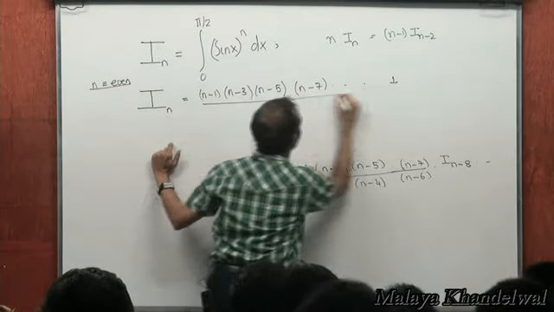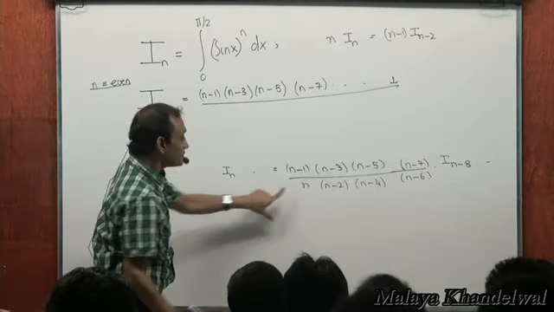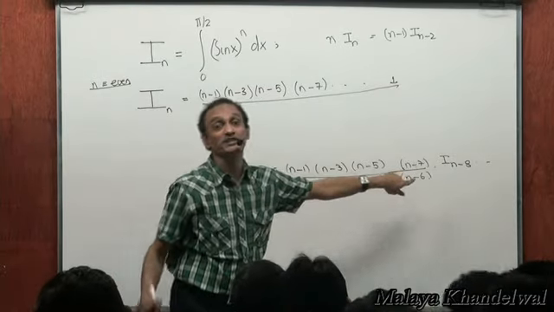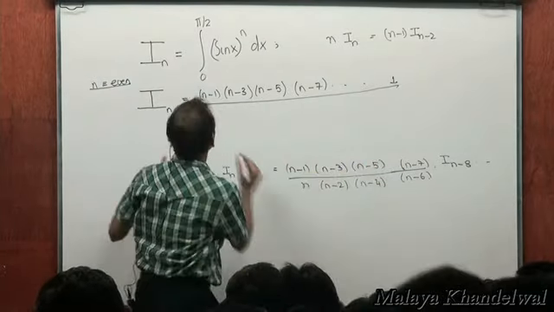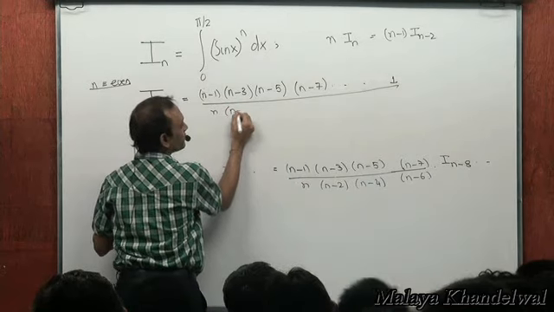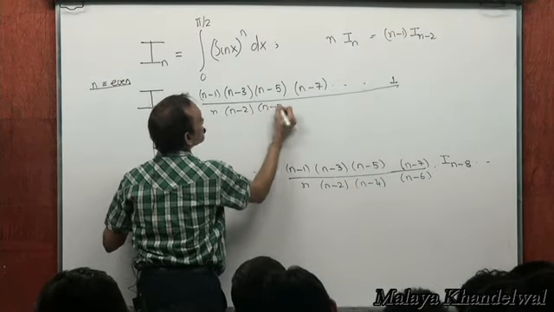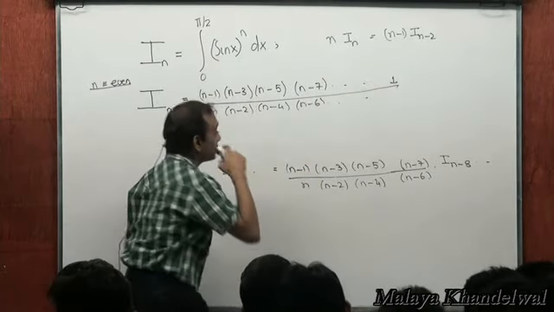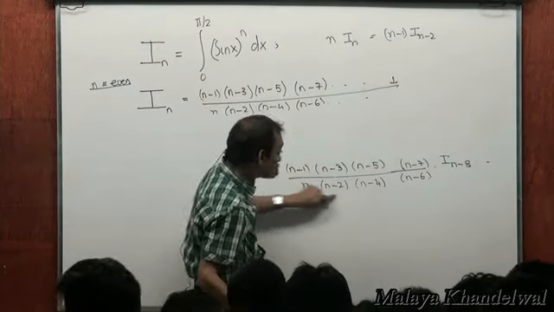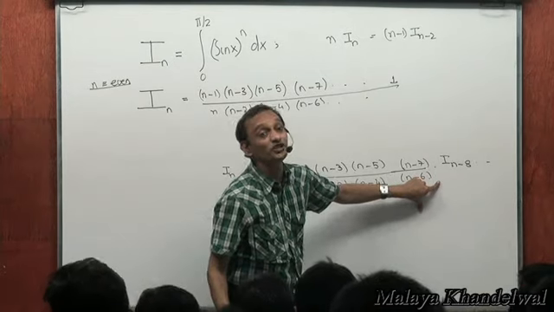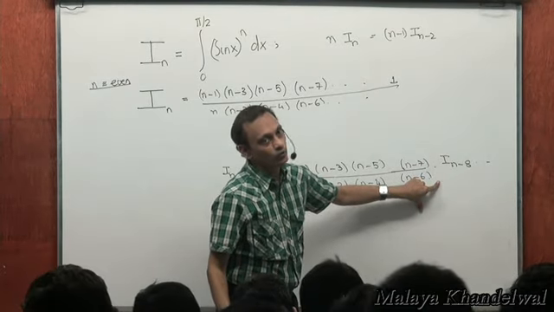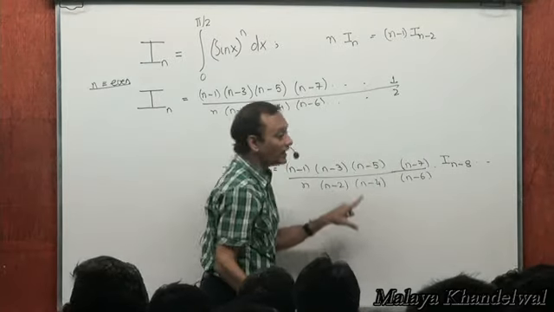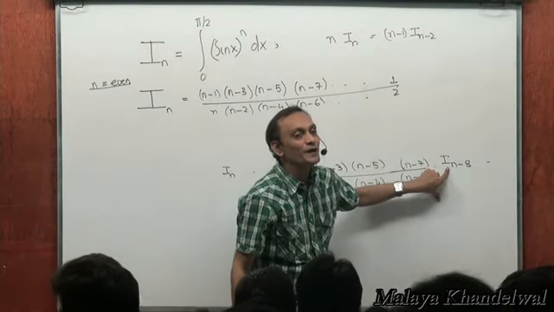Okay, the denominator. When n is even, n minus 2, n minus 4, n minus 6 are all even. So n into (n minus 2) into (n minus 4) into (n minus 6), they are all even, and realize that this chain will end with 2. When n is even, this chain will end with 2. See? Right? And this will become I0.